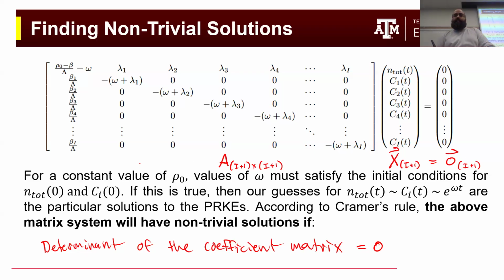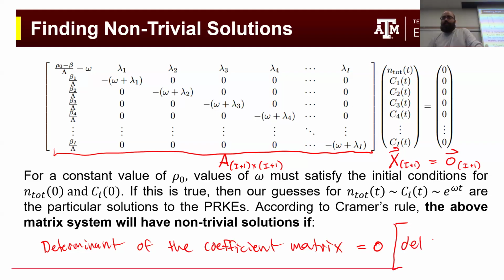So this is the coefficient matrix that I'm talking about. We want the determinant of that I plus 1 by I plus 1 matrix to be 0. Take the determinant of that big coefficient matrix and set it to 0.